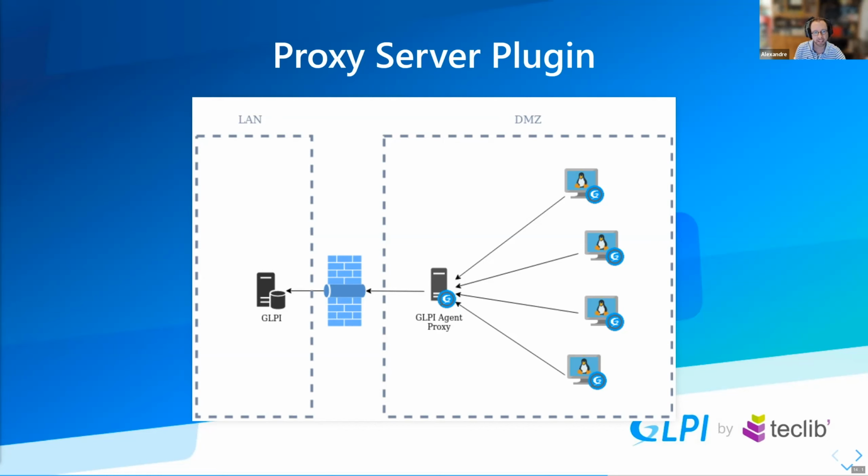Each GLPI agent targets not the GLPI server, but the GLPI agent proxy. And this proxy will send the inventory data to the GLPI server. You can secure the channel for sending data as you want, but the point is all GLPI agents send their inventory directly to the proxy agent, and the proxy agent sends the inventory files to the GLPI server.